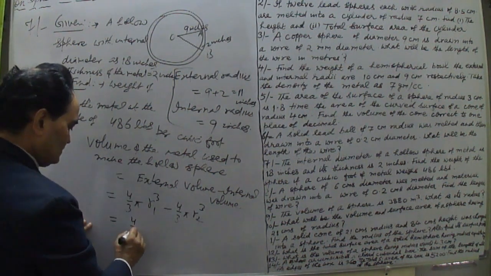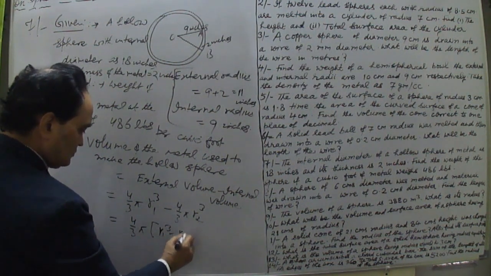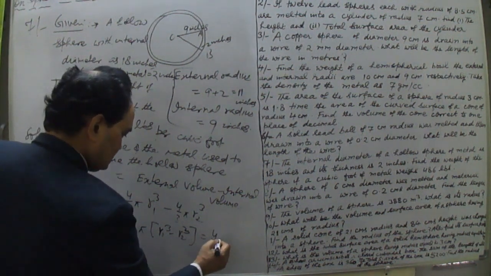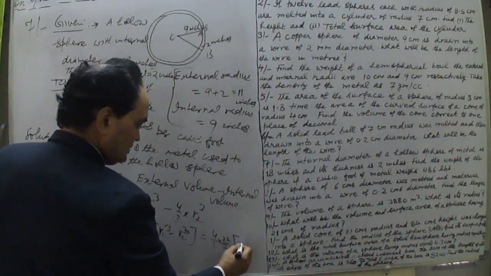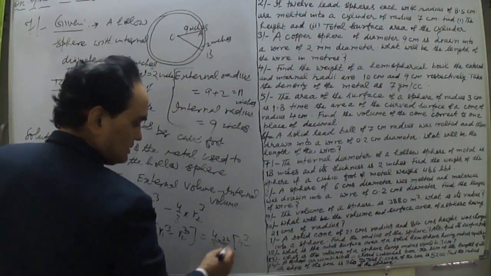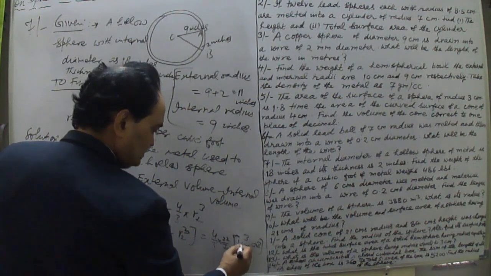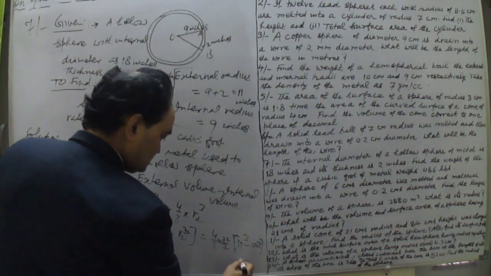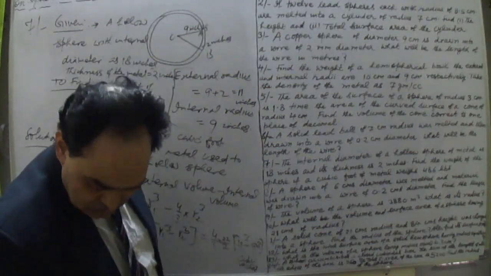That is 4 by 3 pi common, R1 cube minus R2 cube. Pi means 22 by 7, into 11 cube minus 9 cube, because the external radius is 11 inches and the internal is 9 inches. So this is in cubic inches.